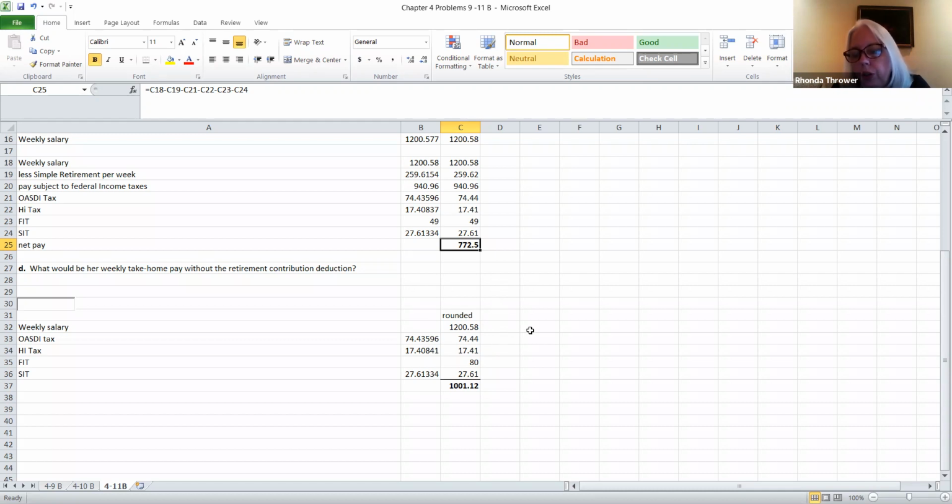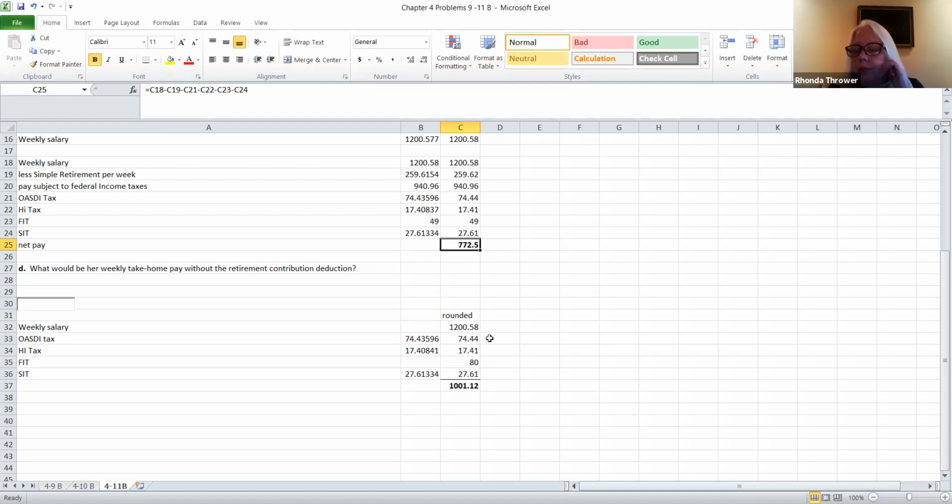Another way to look at this is sometimes companies will offer you an incentive to have an IRA, and they will make the deductions for you, and the IRA would be made net of the federal income taxes.